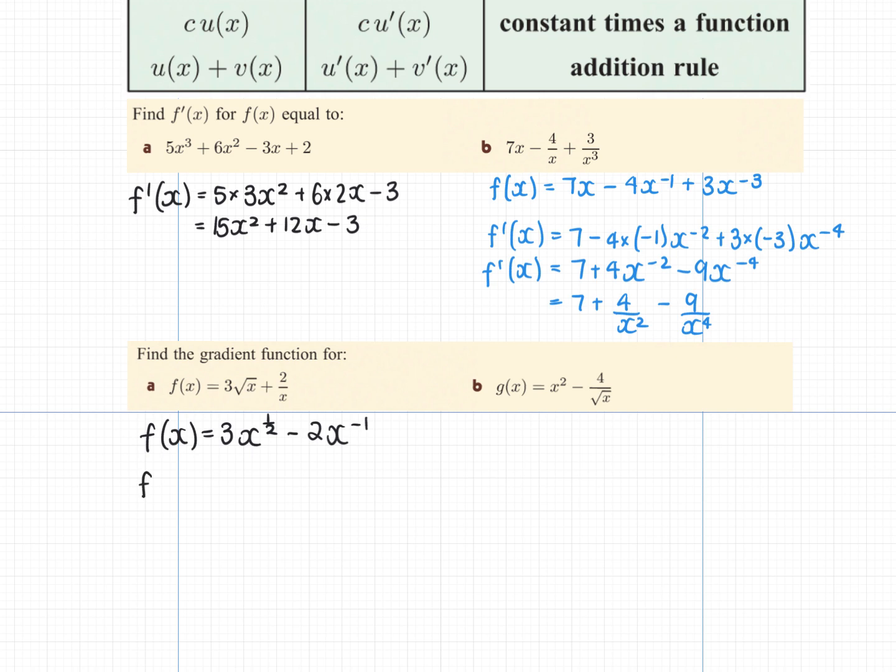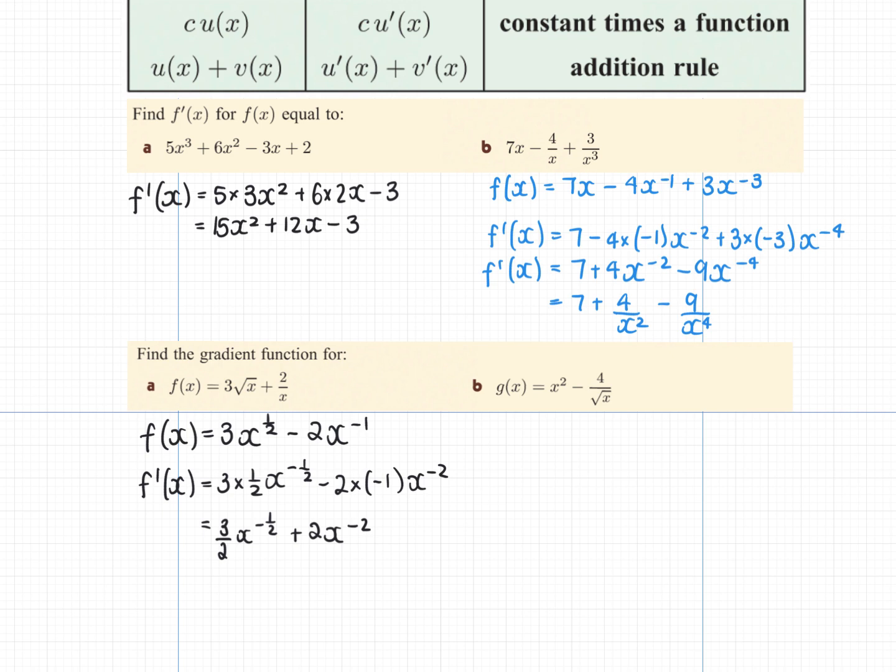When we now find the derivative, it's a lot easier. It's 3 times a half, and the process is still the same: x to the half, take 1, would be negative a half. Here, minus 2 times negative 1, x to the negative 2. So when we simplify, it becomes 3 over 2 x to the negative a half, plus 2x to the negative 2.